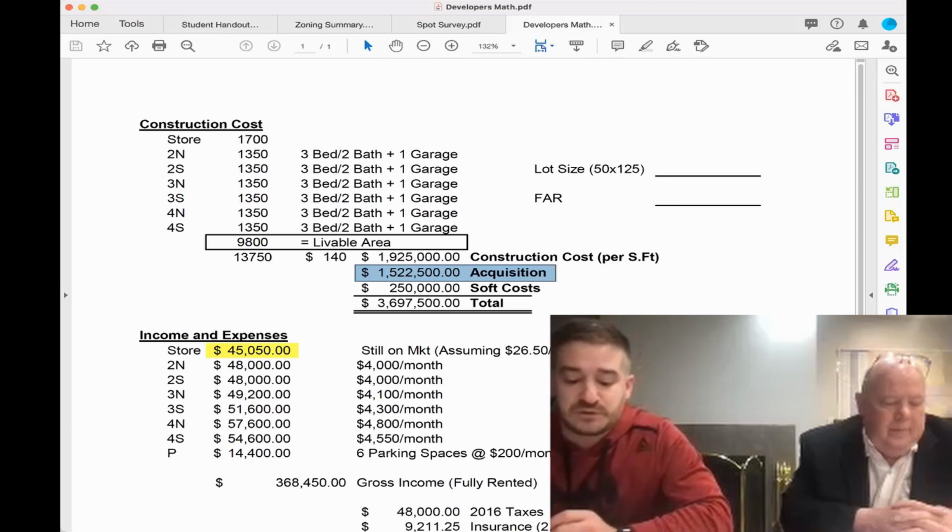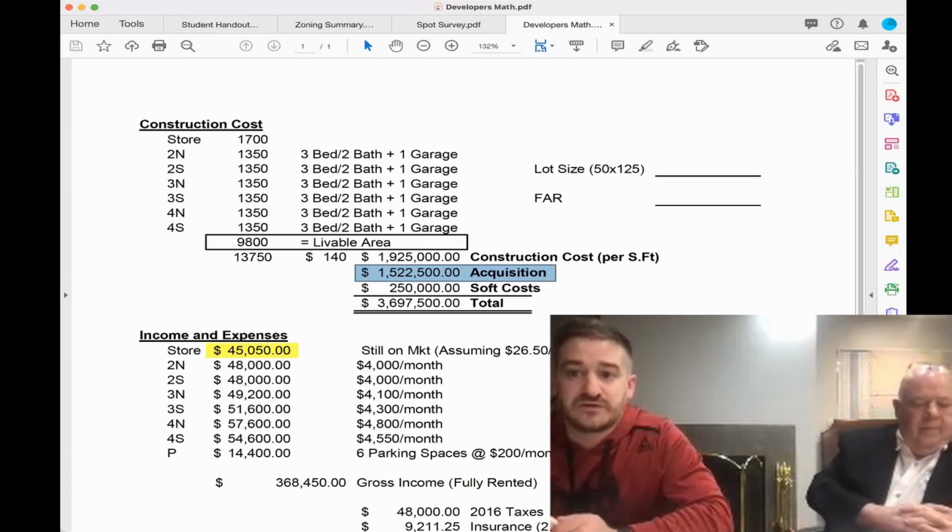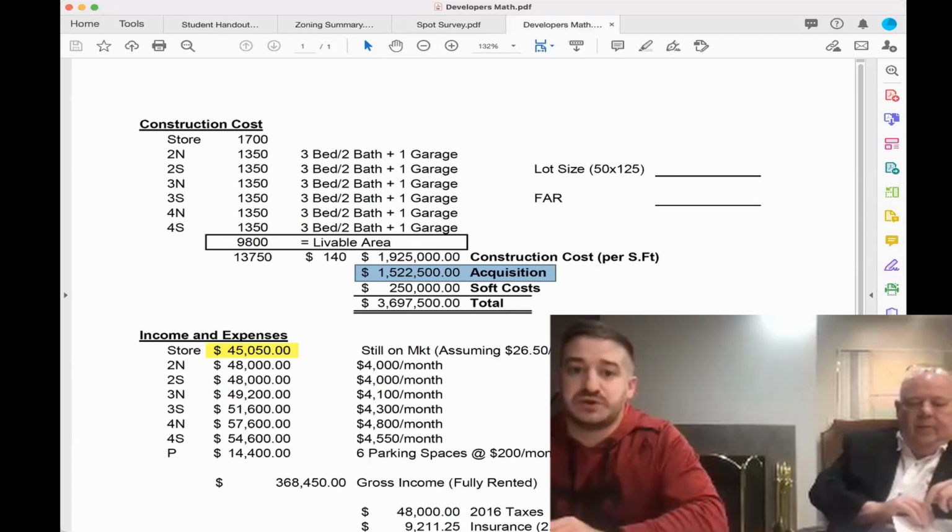So if this developer is paying $250,000 a unit and he can only sell them for $350,000, is he making any profit off of it? No, he's losing money. So why would he want to do it? That's how some of these developers analyze what they can build and what they can sell it for before they even get into the next steps of the builder's math.